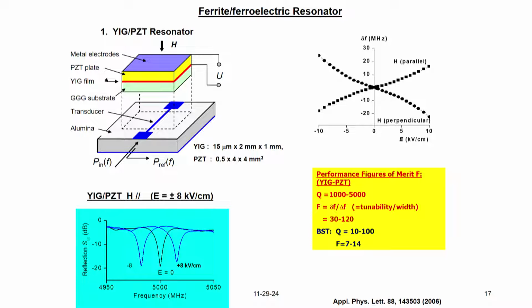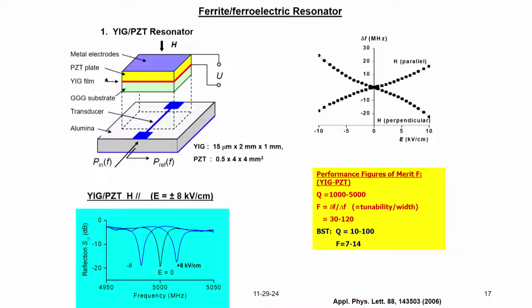Then you excite with microwave power, and there is a vector network analyzer which is a source of microwave power, as well as it can measure the power reflected from the film or the transmitted power.